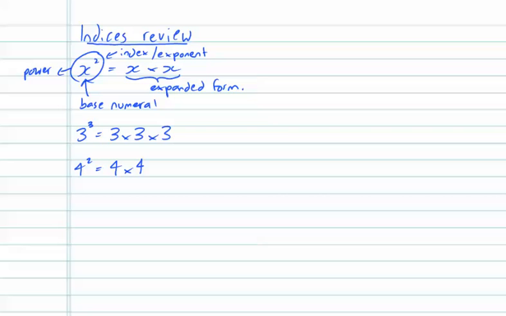If we want to evaluate, 4 times 4 is of course 16. So if the question asks us to evaluate, we calculate the actual answer. This is the expression in index form, and 4 times 4 here is an expanded form.